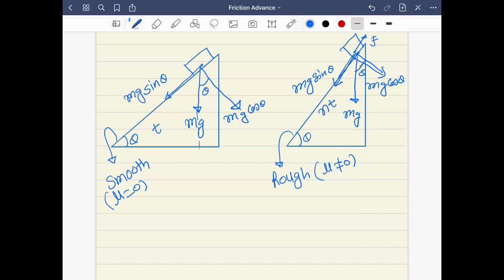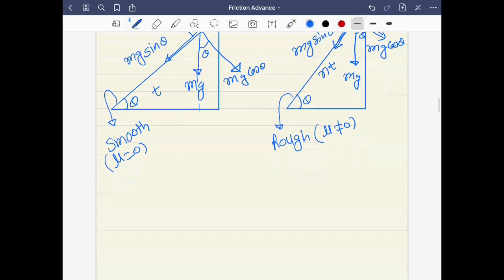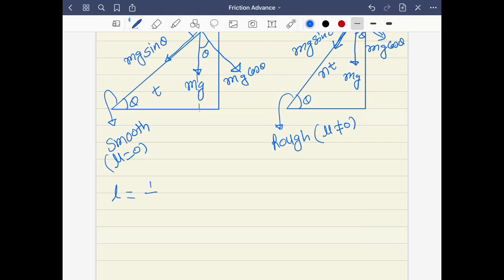So it takes time t for this, and nt for this one. We have to solve it now. The distance it has to travel is L, which is equal to half into acceleration in the first case into t squared, and in the second case L is equal to half acceleration in the second case into n squared into t squared.